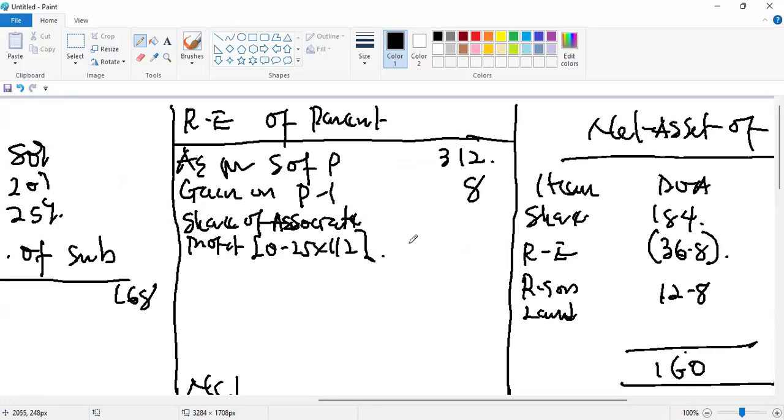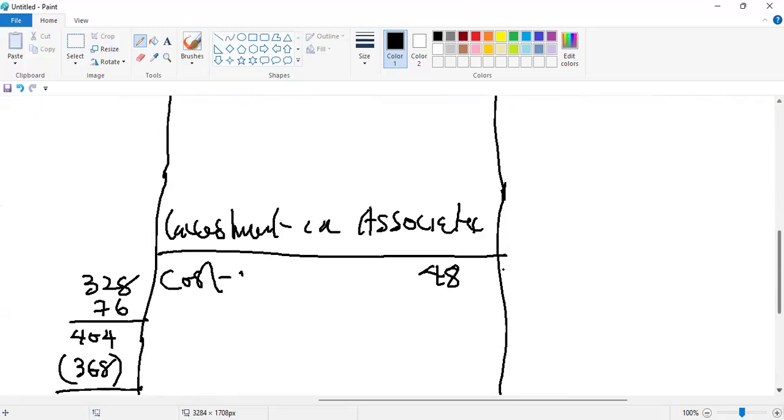That's 28. Then the second leg, investment in associate: share of profits, 28. That's it.